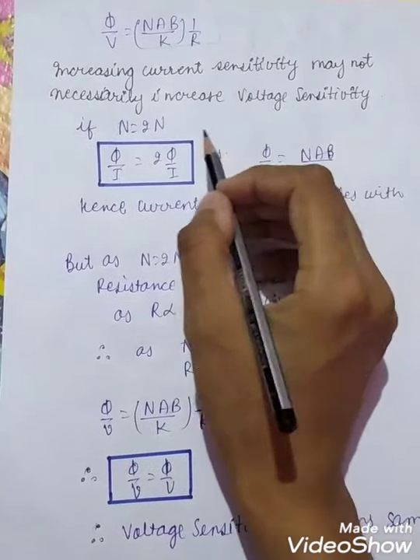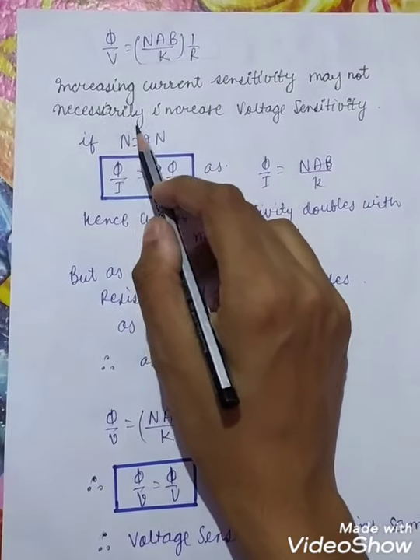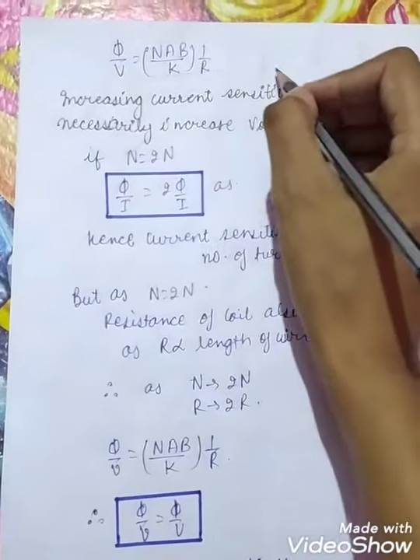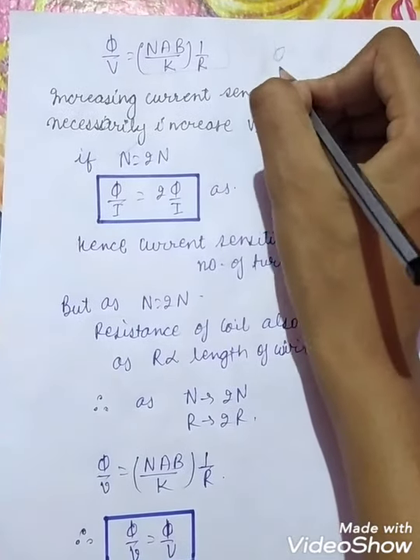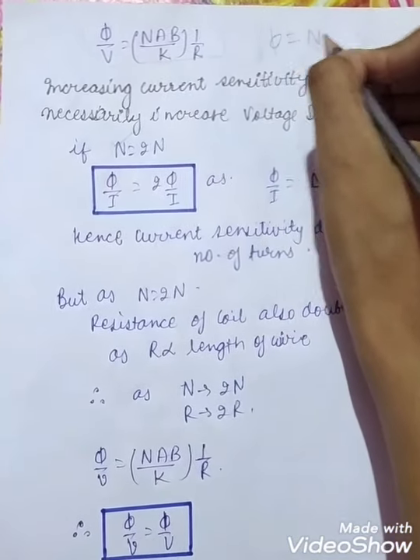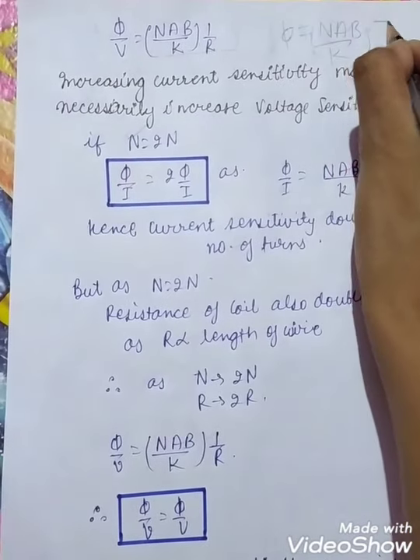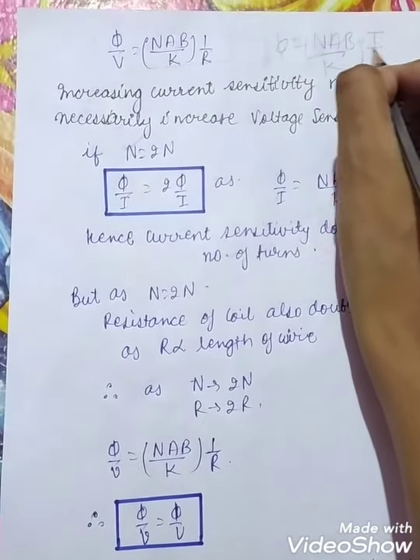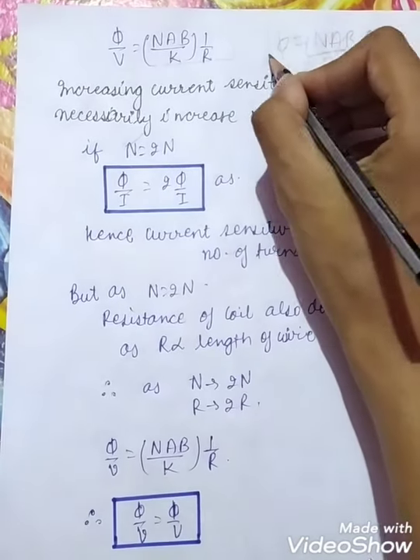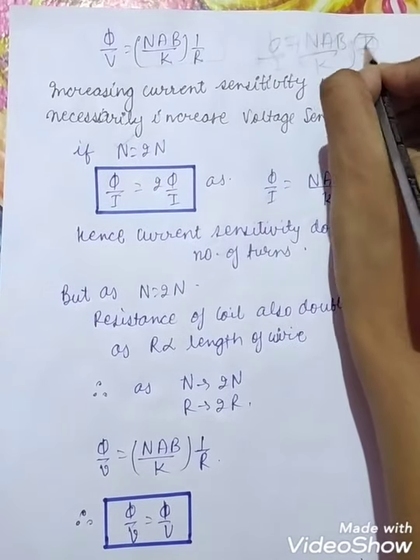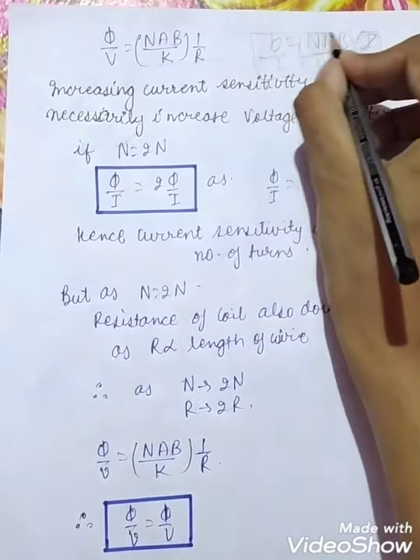First of all, let us write the formula for current sensitivity: phi is equal to NAB divided by K into I. For current sensitivity, we have this I here. So this becomes the formula.